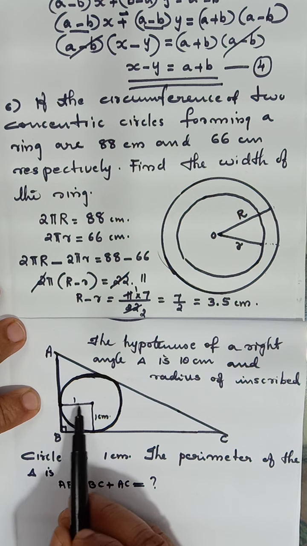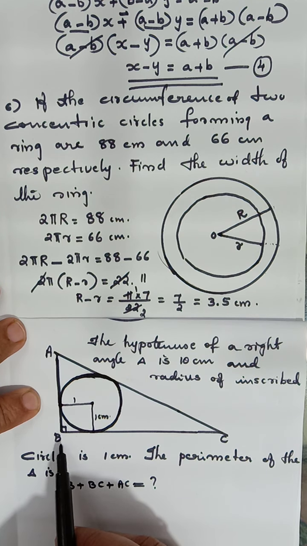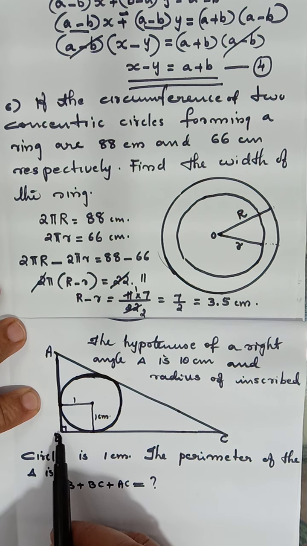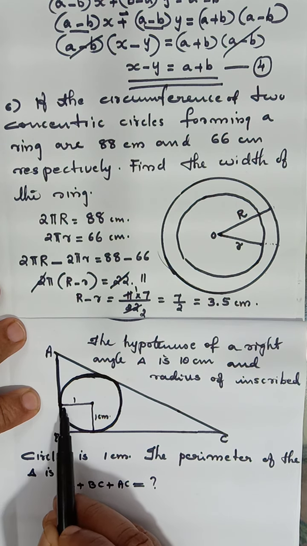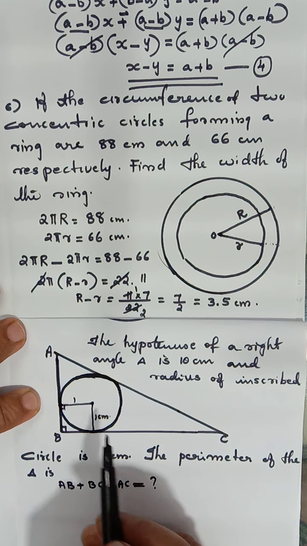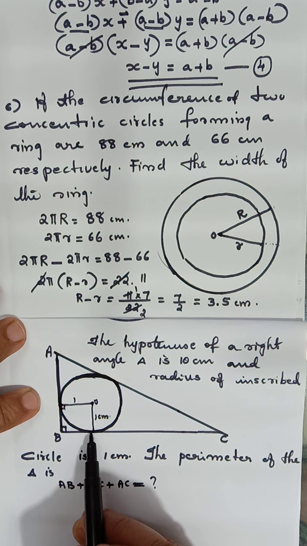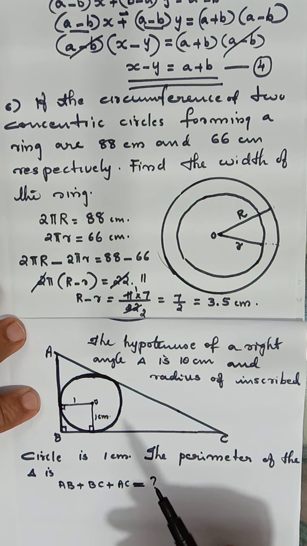We know that the radius is always perpendicular to the tangent. From the point B, we have two tangents. Here you can see this tangent and another one. So this tangent is perpendicular to the radius. Similarly, this radius from the center is perpendicular to the tangent again.